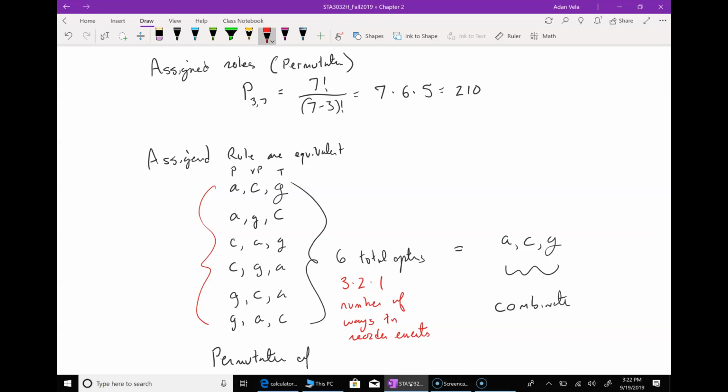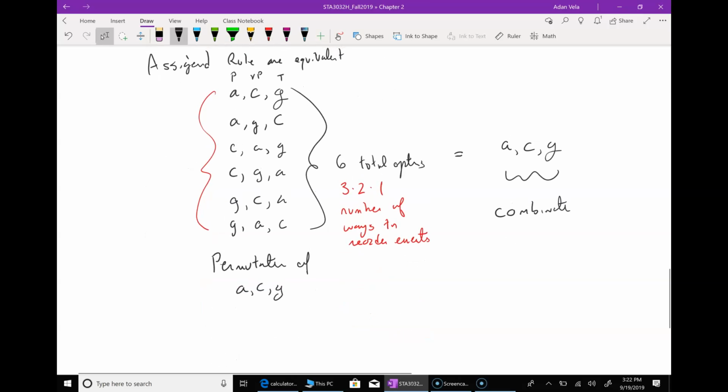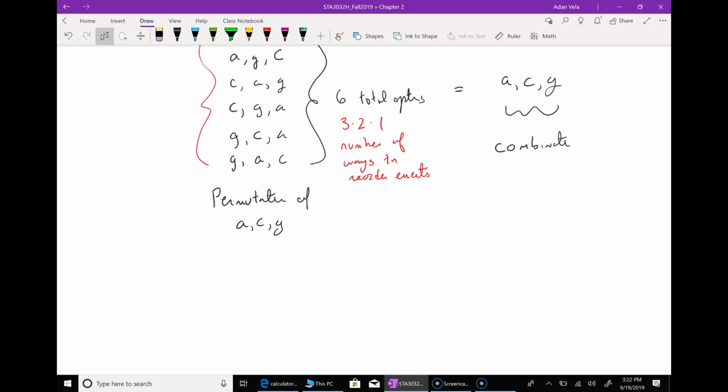So if we want to find some sort of relationship between the combinations and permutations, we basically get rid of this reordering. Okay, so we're going to try to factor it out. Right? And so that relationship leads us to the following equation, where the number of permutations, right, or we can do it the other way. The number of combinations is equal to the number of permutations divided by k factorial.